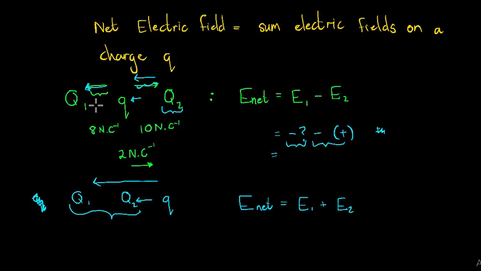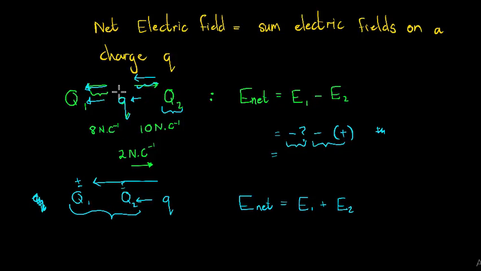This one is repelling and this one is attracting, so they're working together to push Q in one direction. In other words, their effect is now similar to the effect where we have two equal charges. So plus and minus means they have equal effect, whether repelling or attracting.